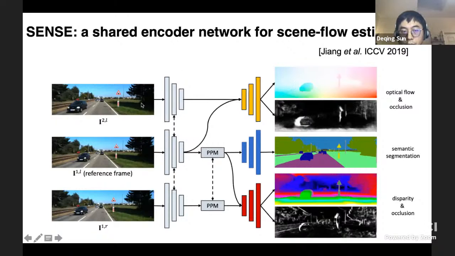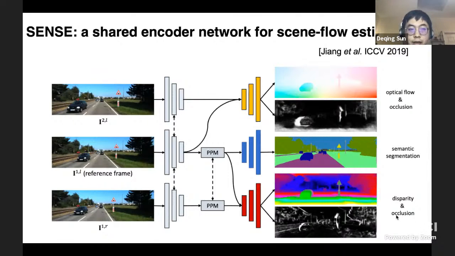We can use the features of the temporally consecutive frames to predict optical flow and occlusion for optical flow. And we can also use the same feature to predict semantic segmentation. Or spatially, we can use the same feature extractor to extract features and do stereo matching or disparity estimation and the corresponding occlusions.